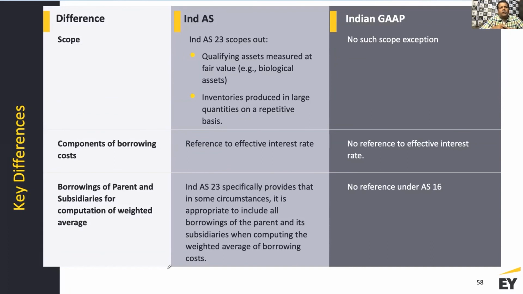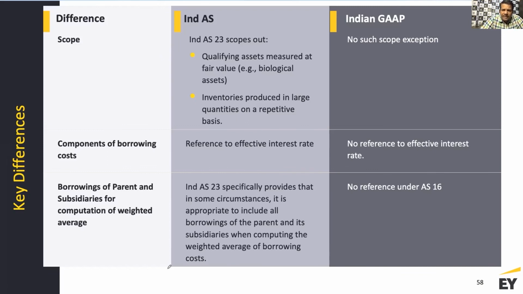And then the borrowings of parent and subsidiaries for computation of weighted average. That's an interesting example: in the consolidated financial statements, it is possible for you to consolidate some of the borrowings made by the parent but actually deployed by the subsidiary for the purpose of capex.